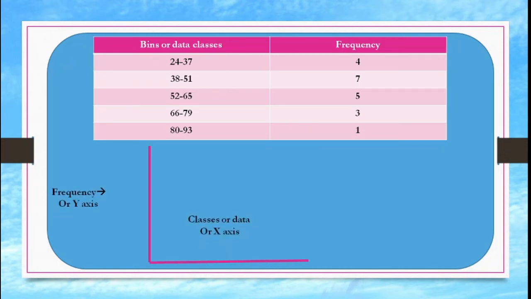Now you can see both are available, frequency on the y-axis, classes or data on the x-axis. Now the maximum frequency is 7, so we will draw 1, 2, 3, 4, 5, 6 and 7, right? So we have drawn the y-axis. Now it is time for numbering. So you can see we have given the numbers for the frequency.